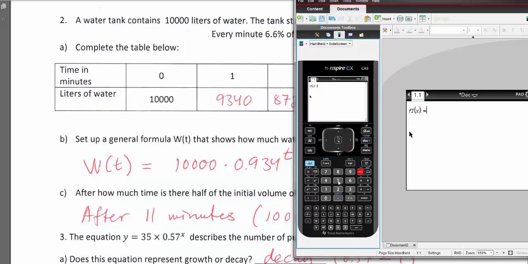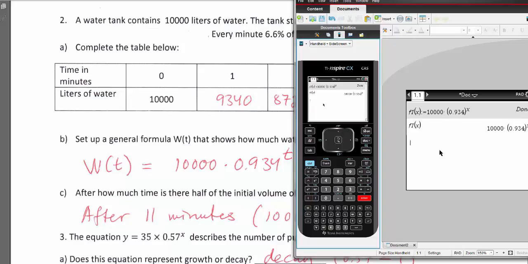Define it. 10,000 is the initial value times the factor 0.934 to the power of, and our variable is called x in the calculator. It says done.